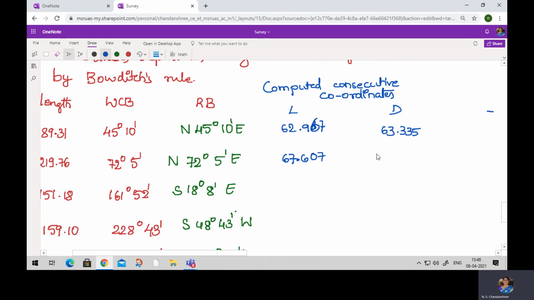Here the departure is 209.102. And all these values are in meters because the length value is in meters.